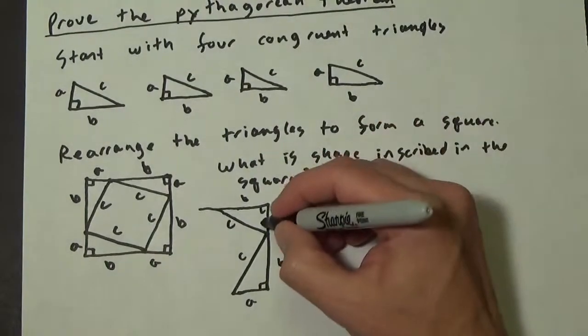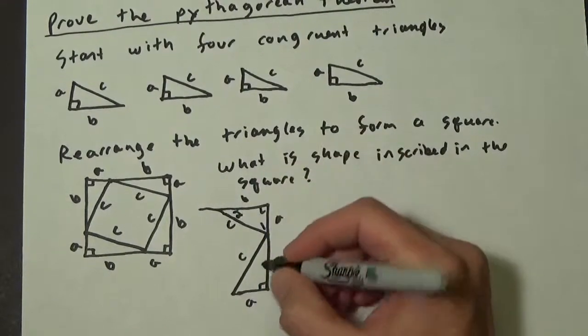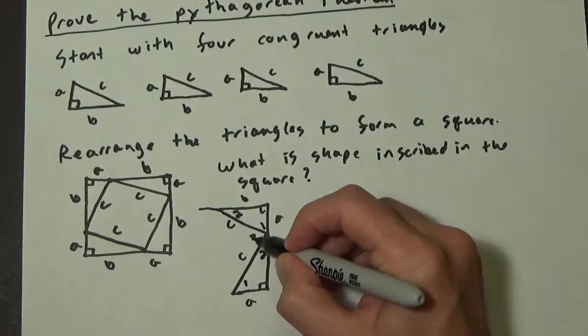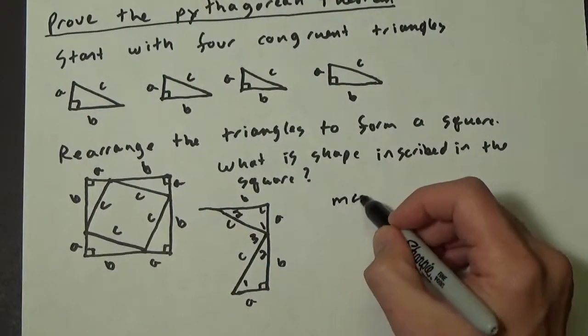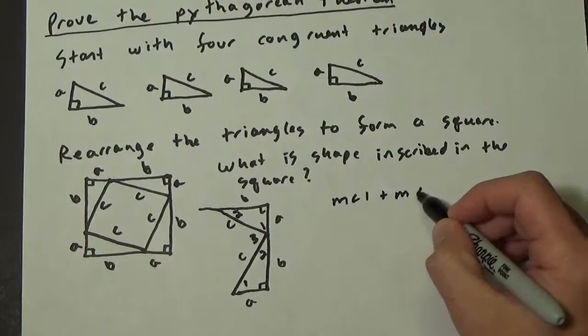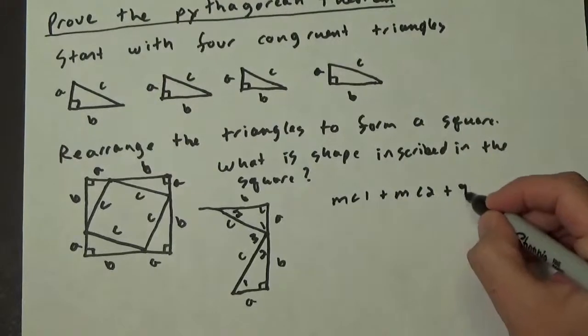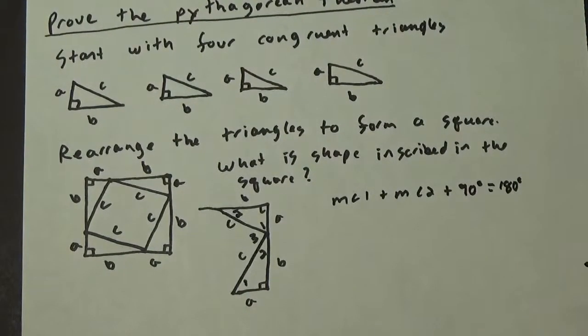So let's say this is angle 1 and angle 2. So that means this is angle 1 and this is angle 2, and I'm going to call this angle 3. All right, now we know that the measure of angle 1 plus the measure of angle 2 plus 90 degrees has to be 180 degrees. Okay, so we know that.